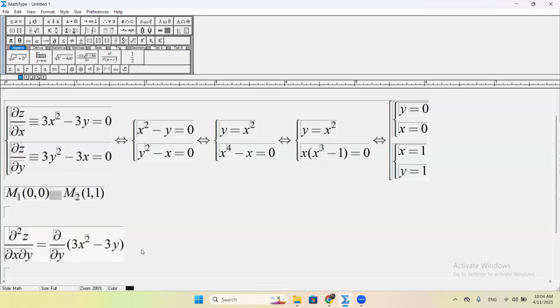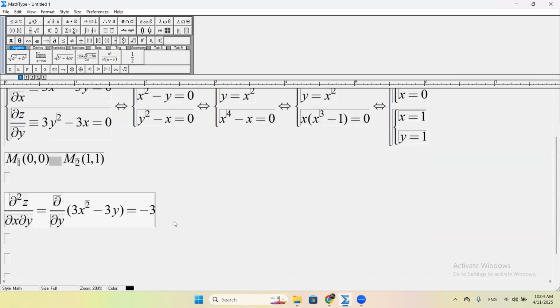So it will be equal to minus 3. And of course, let's find it in another order, just to verify that the first derivatives were found correctly. Yeah, and it will be equal to minus 3 as well.